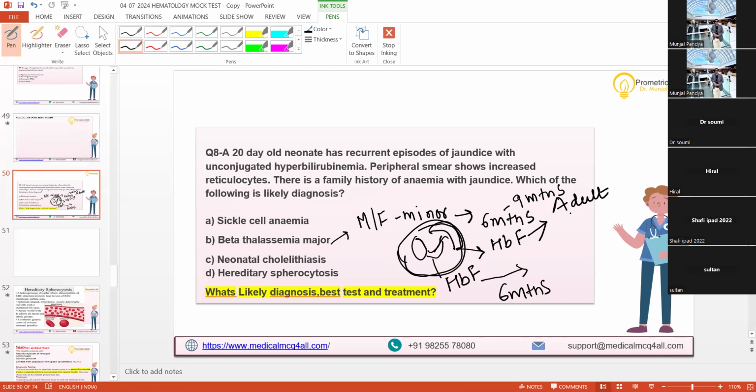This is a normal process in you and me. In fetal life I had 99% hemoglobin F, but when it becomes hemoglobin A, the adult hemoglobin, it is 95% and F is reduced to less than 2% or so. This is the normal process.